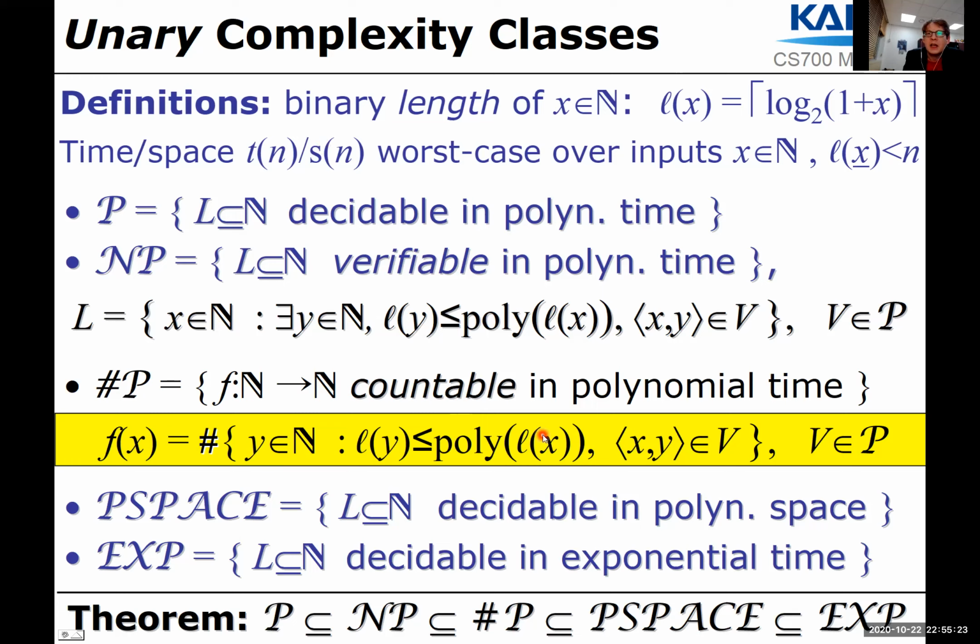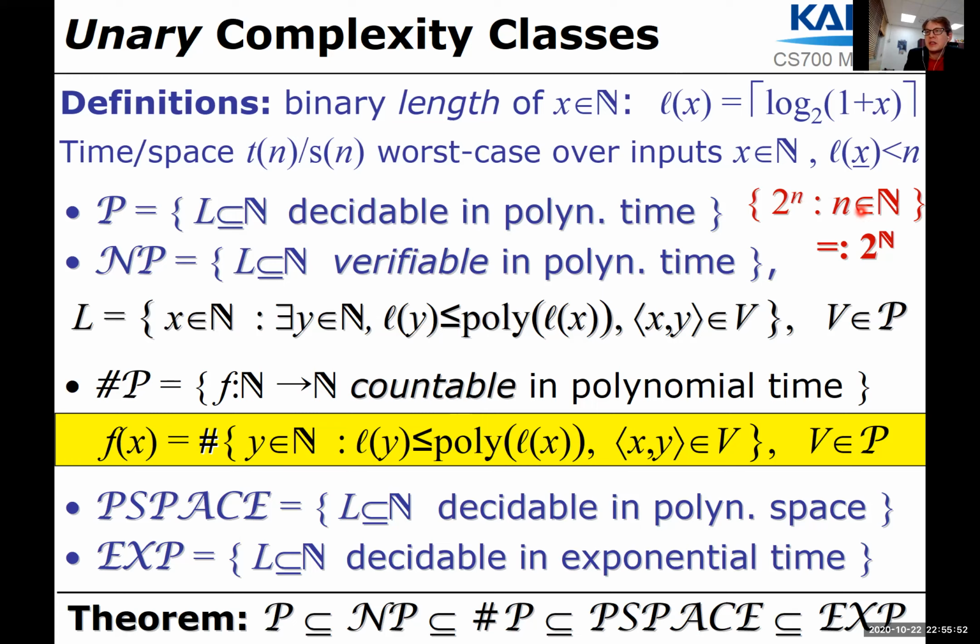But we'll also encounter restrictions of these complexity classes where the inputs are not arbitrary natural numbers, but only integer powers of 2. So here's a definition and abbreviation. This is the set of all natural numbers which are powers of 2, like 1, 2, 4, 8, 16, and so on.